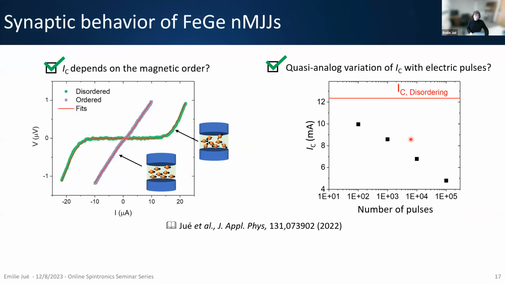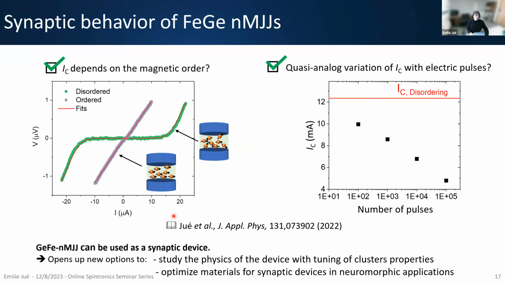So because we have these 2 conditions fulfilled, we can conclude that this new material system of germanium iron for the nanoclustered magnetic Josephson junction can be used as a synaptic device. We're happy about these results, first because we demonstrated that it can be observed in a different material system, but also because it opens new options to study the physics of the device and to optimize the materials by tuning the cluster properties.